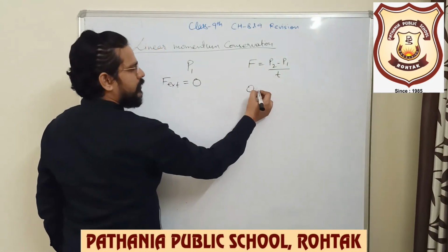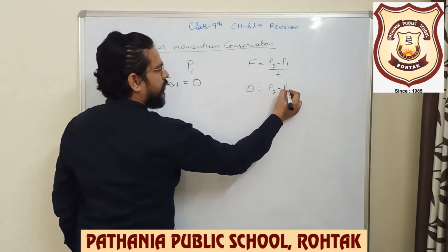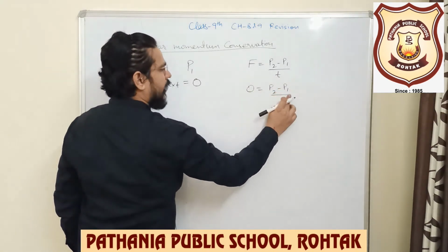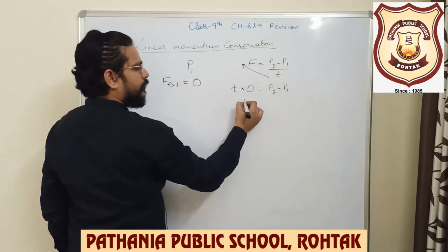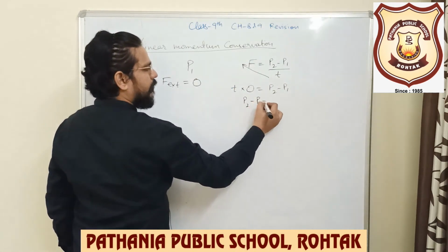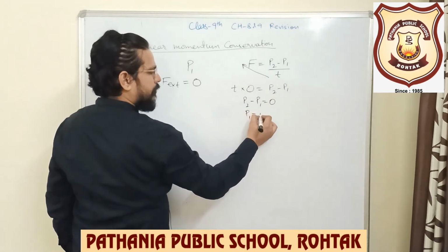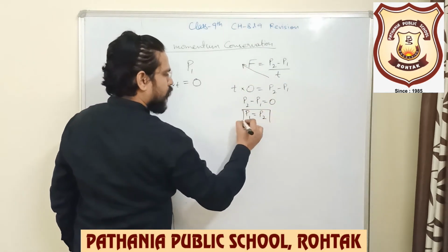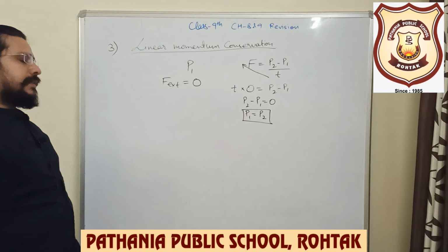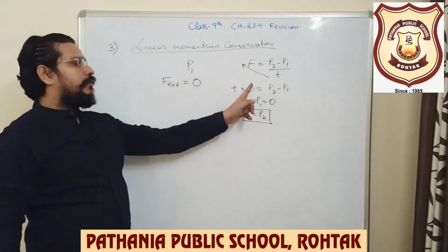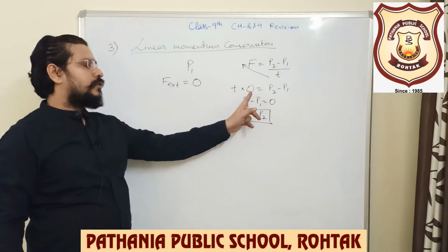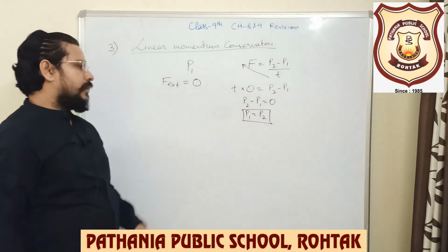If F is equal to 0, then P2 minus P1 will become 0, or we can say P1 is equal to P2. So your momentum will remain the same if zero external force is there. This is known as momentum conservation.